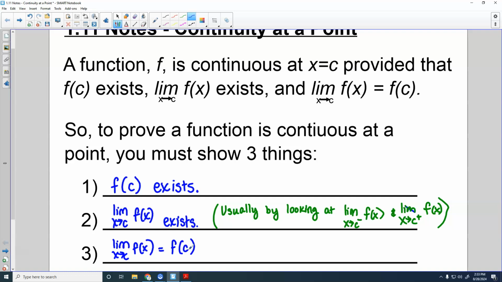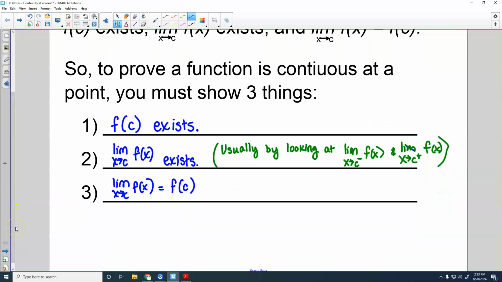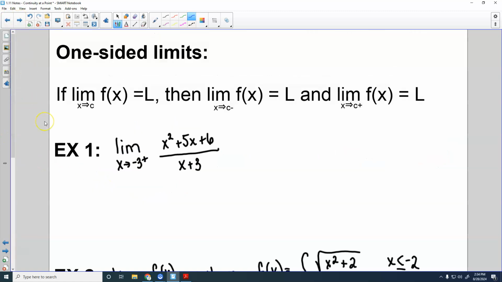So in order to show something is continuous, you have to very clearly prove that these three things have happened here. All right? Okay, questions? All right. Okay.